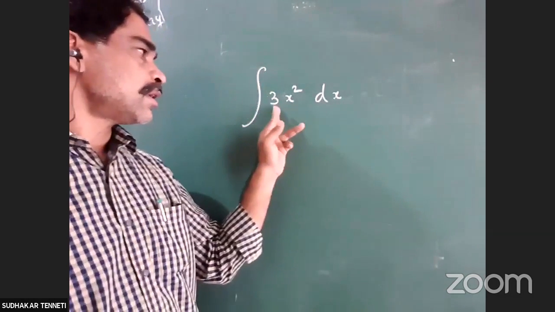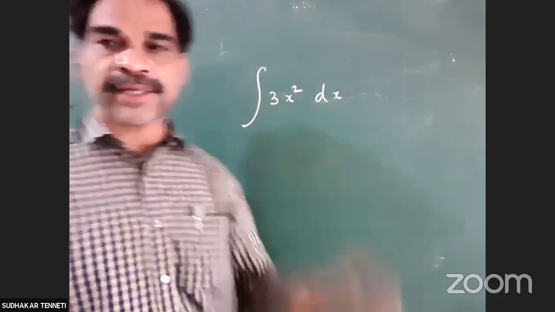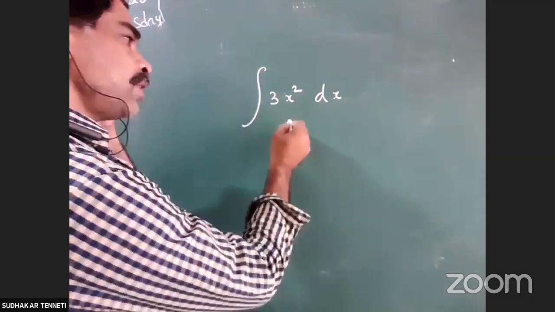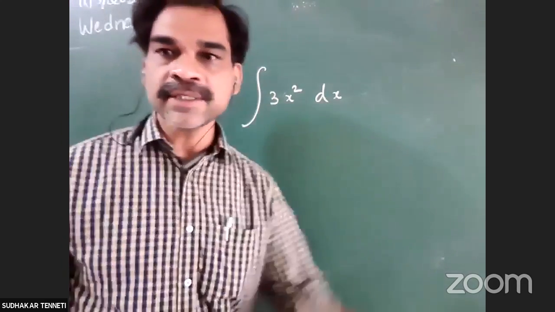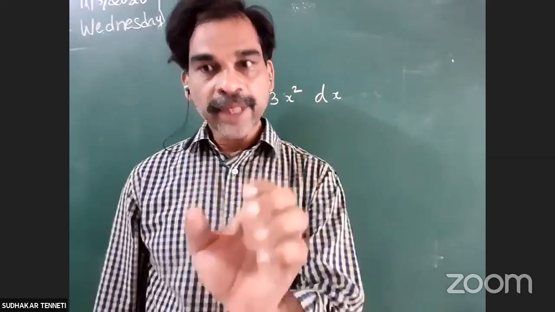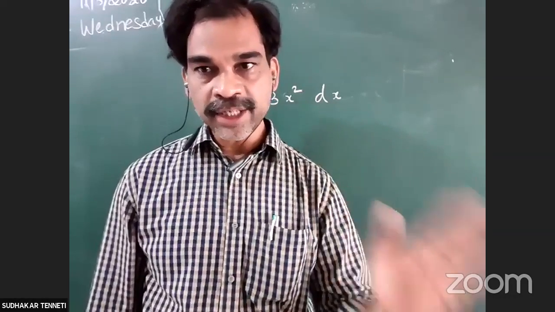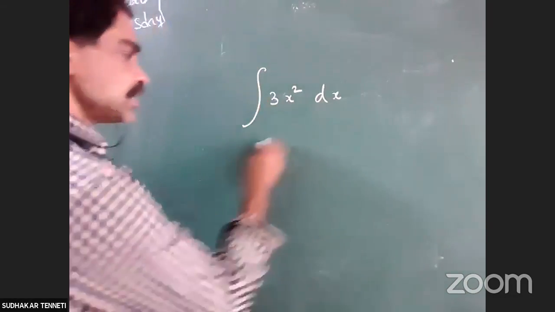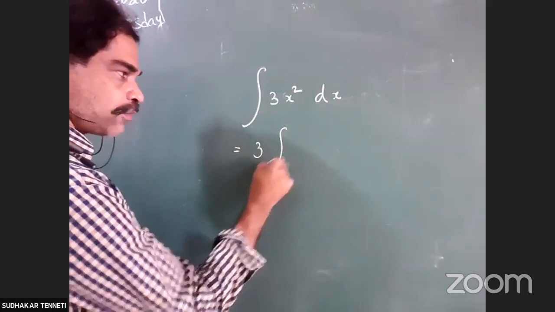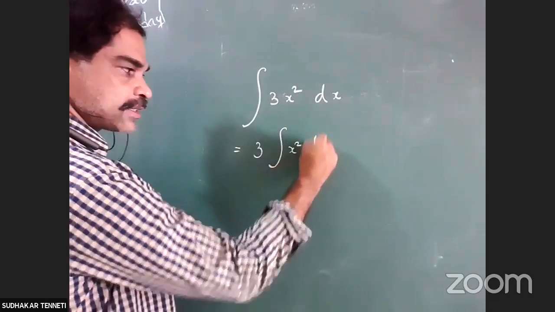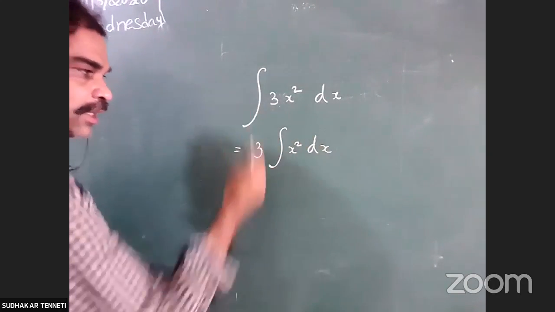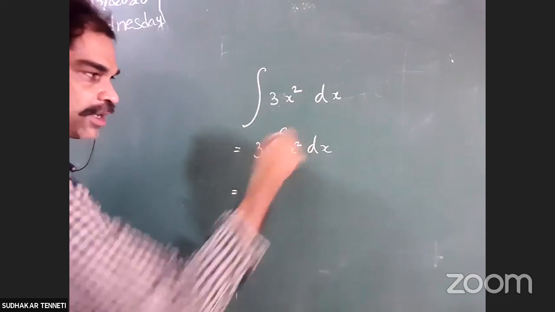See, the first one is integral of 3x square dx. What is 3 here? Constant. So this is in the form of integral of k into f of x, where k is a constant. You have to bring the constant before the integration, and afterwards go for the integration. Bring this 3 before the integral: 3 into integral of x square dx.